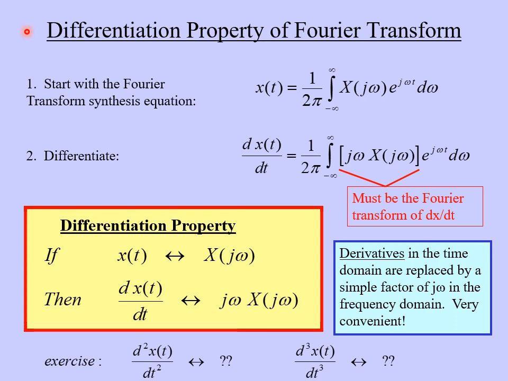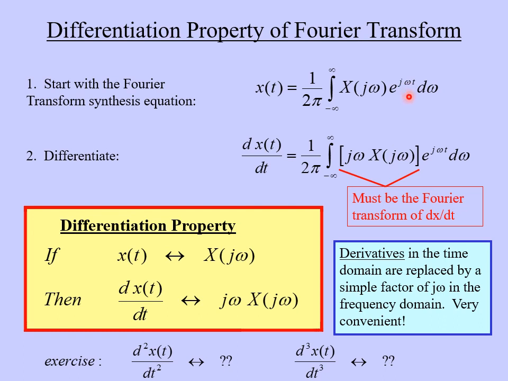The way to derive this is actually pretty simple. We'll start with the Fourier transform synthesis equation, and we want to take the derivative of the signal x of t, so we take the time derivative, dx dt. If we do that on the left side, we have to take the time derivative of the right side. The only thing that has time in it is the exponential function, e to the j omega t.